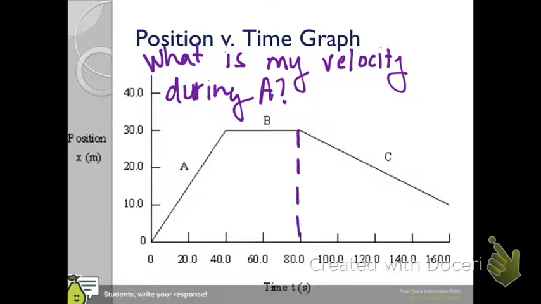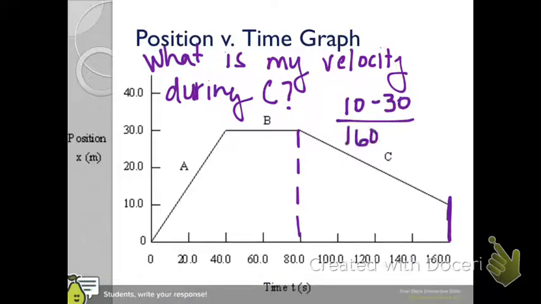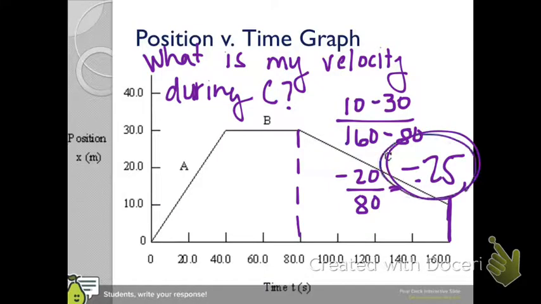C starts right here. Okay, and go ahead and stop it right there. Okay, find my velocity during C. Is that what you had?